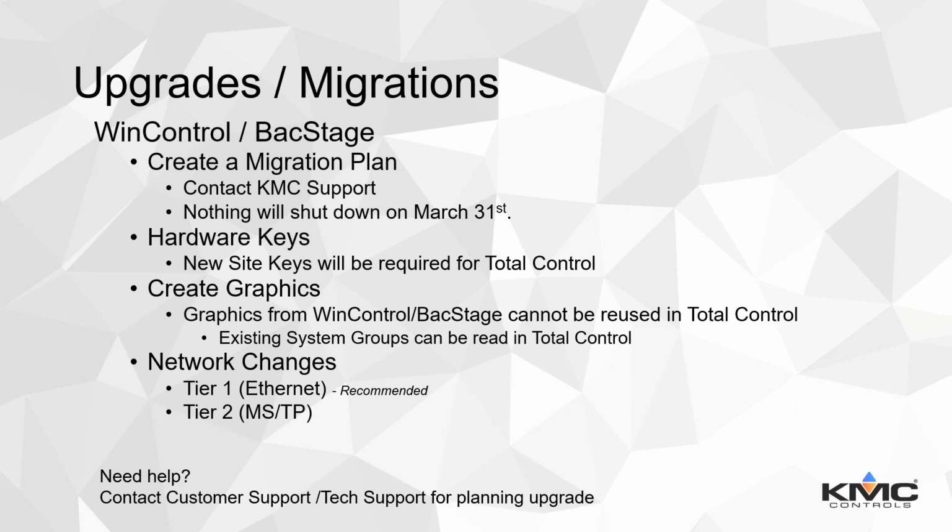So to future-proof your solution and make it as robust as possible, moving to an Ethernet-based deployment is the recommended route. Those are some things to think about as you start to plan your migration. And again, please reach out to technical support, customer support for help in planning. I'd be more than happy to help you.